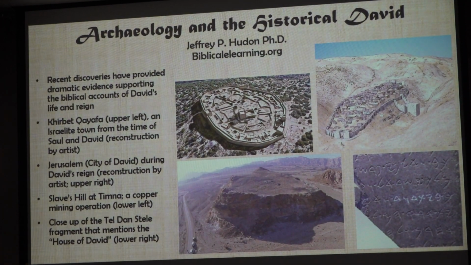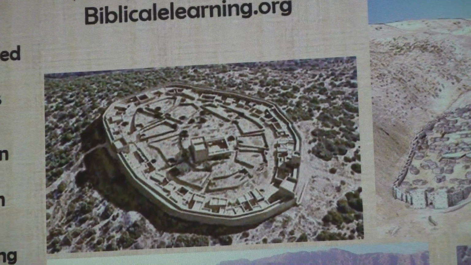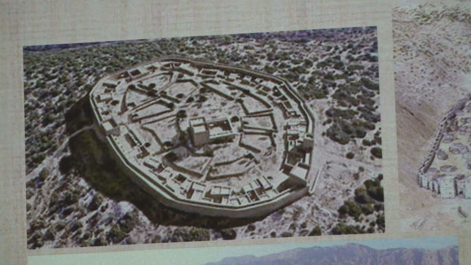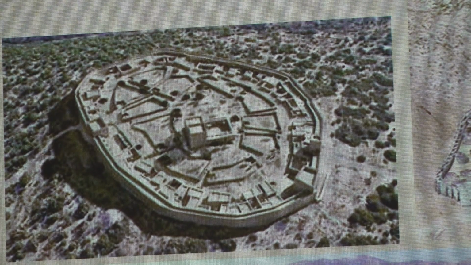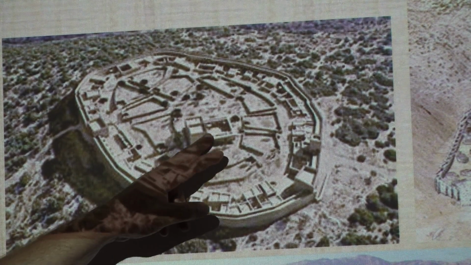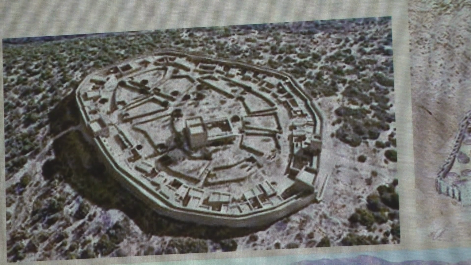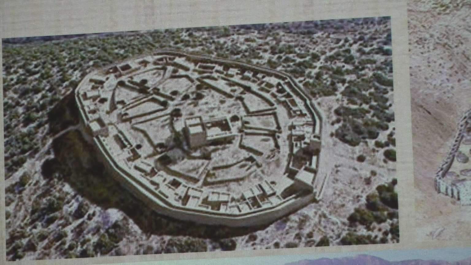This is again a computer generated reconstruction of a site called Khirbet Kiafa, which either dates to the reign of Saul or to the reign of David. And this overlooks the Elah Valley where David fought Goliath. And you can see here a large 4-room style house, which was probably a governor's residency or an administrative residency for the ruler of this city.